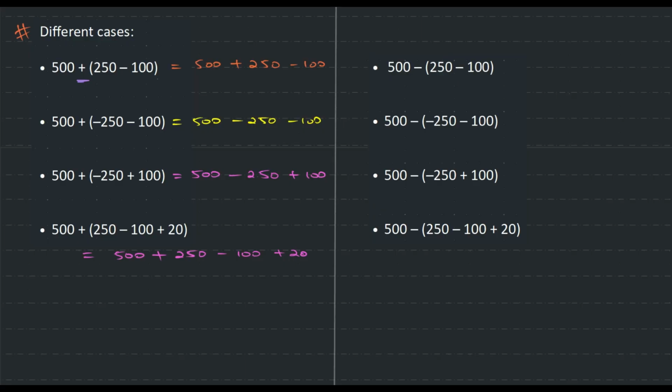Okay, let me write all of that. The additive inverse of this is -250. The additive inverse of -100 is +100, right? The additive inverse of -250 is +250, and +100 is -100, right?